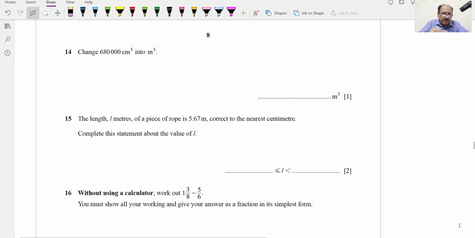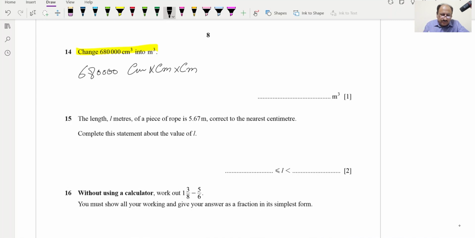Question number 14. 14 says change this centimeter cube into meter cube. So we can write 6, 8, 1, 2, 3, 4 zeros. This is centimeter cube. So we can write as centimeter, centimeter, and centimeter.